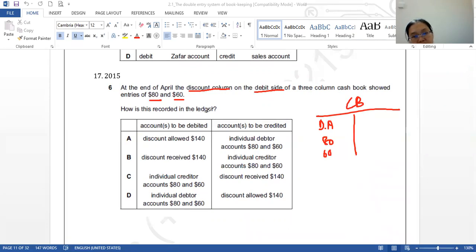How is this to be recorded in the ledger? You have to record the total amount as discount allowed. So debit discount allowed total, and credit what? Credit the individual debtor. Individual debtor means your trade receivable. So your answer should be A.